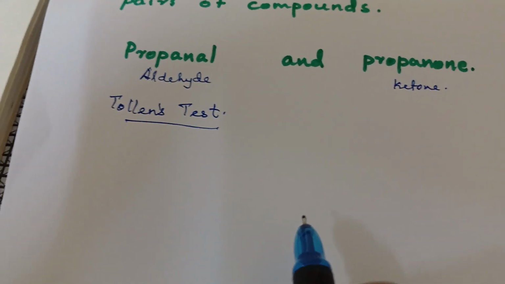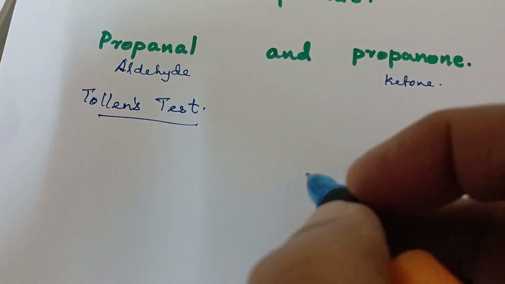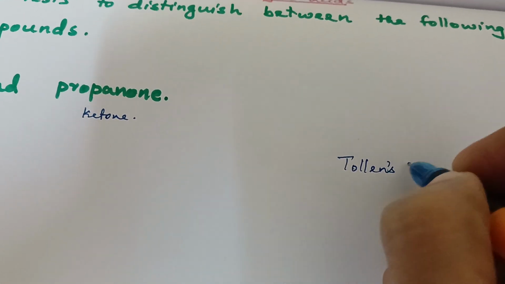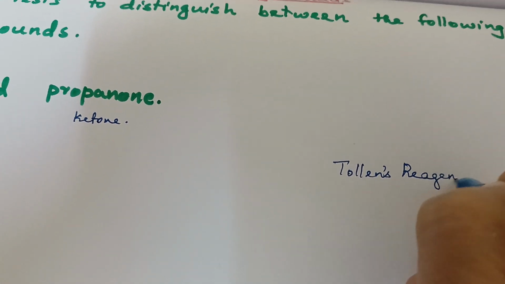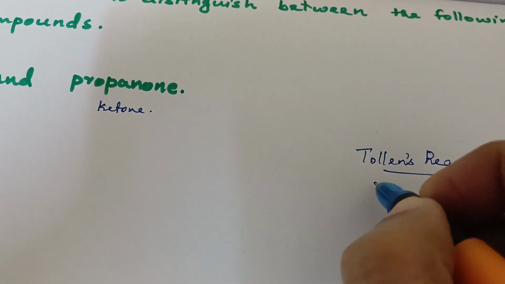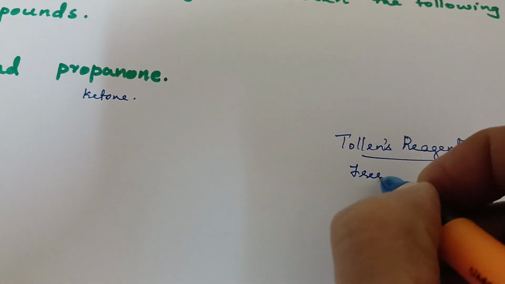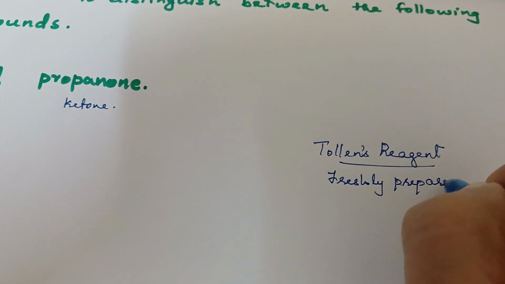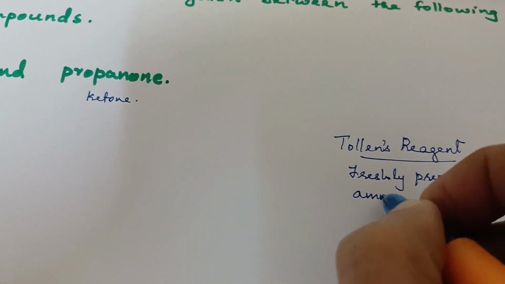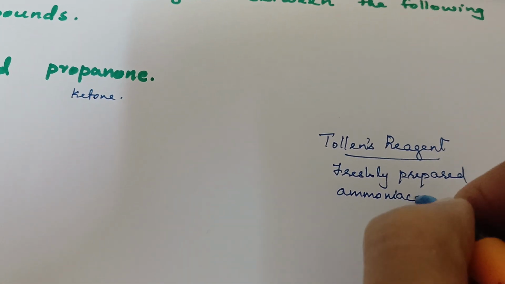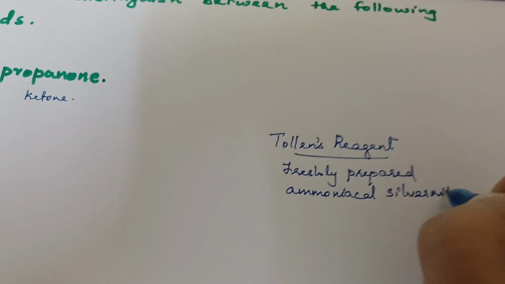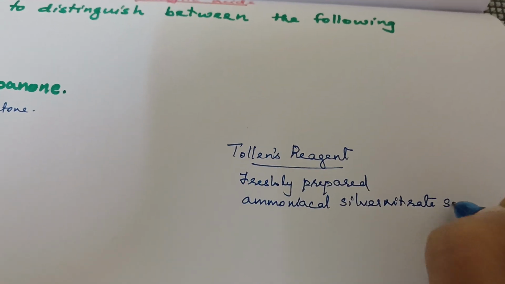In this test, Tollens reagent is freshly prepared ammoniacal silver nitrate solution.